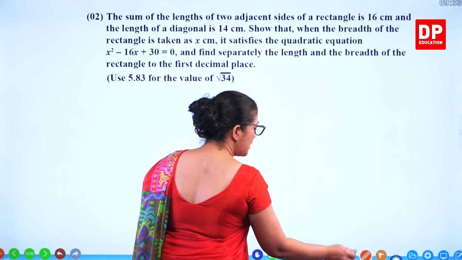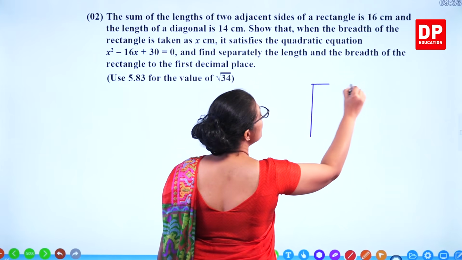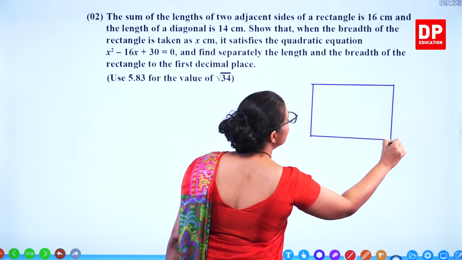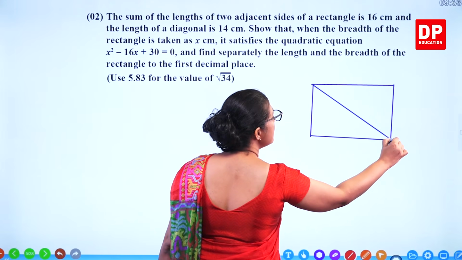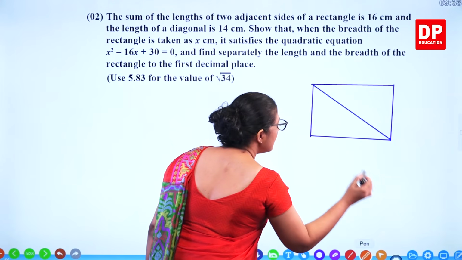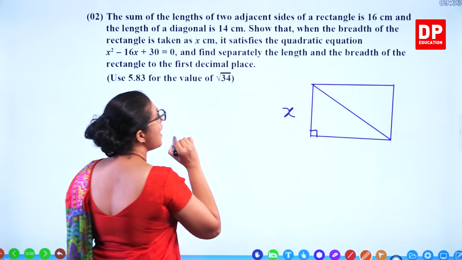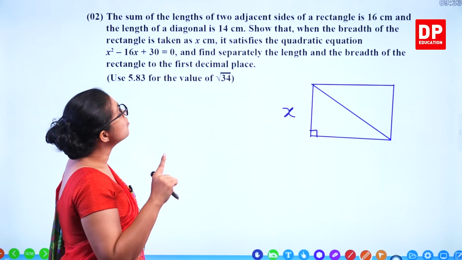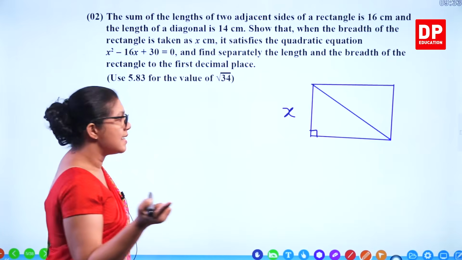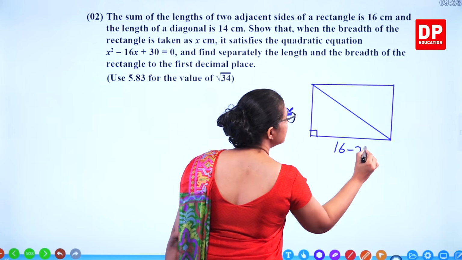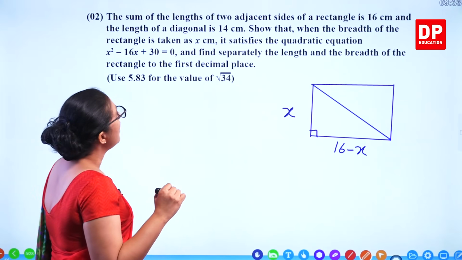So that means if you take the rectangle like this, and we need the diagonal. If the breadth is x, the sum of two adjacent sides is 16. So this and this is 16, which means the length is 16 minus x.